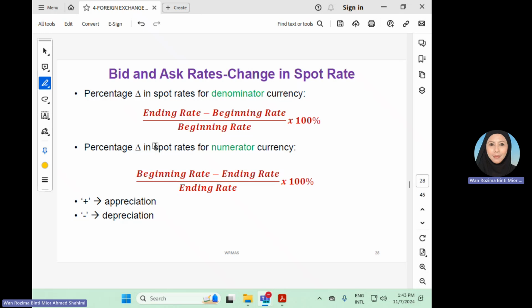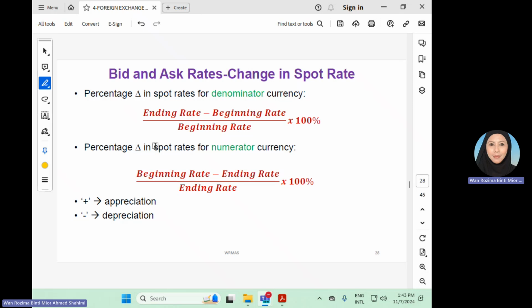Now, can you calculate this simple example? From USD $2 to $2.50 against the British pound. I want to know from the perspective of the denominator, meaning the perspective of the British pound. So which formula should I choose, the first one or the second one?